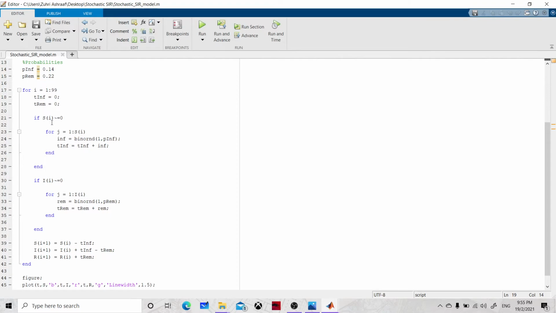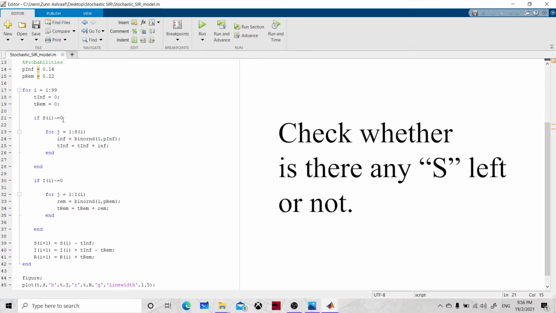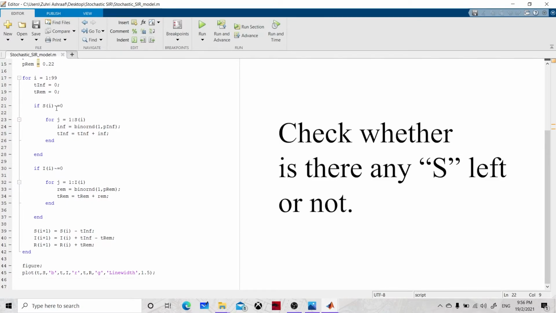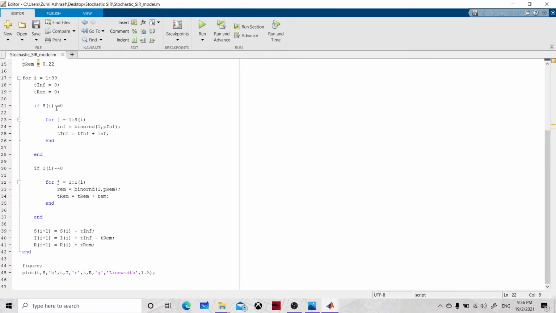Okay, so the next thing we are going to do is determine whether each susceptible will be infected in that particular day or not. So we will start with if Si is not equals to 0, which means if the current number of susceptibles is not equals to 0, then we will do what's inside here.